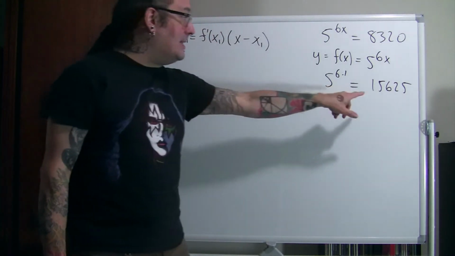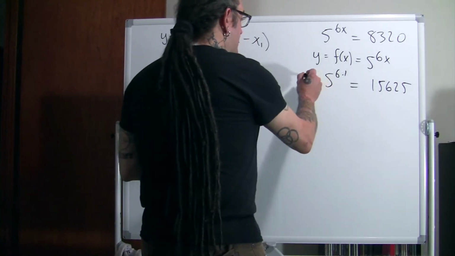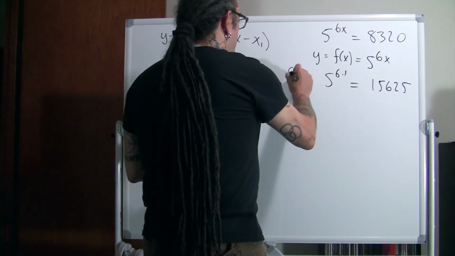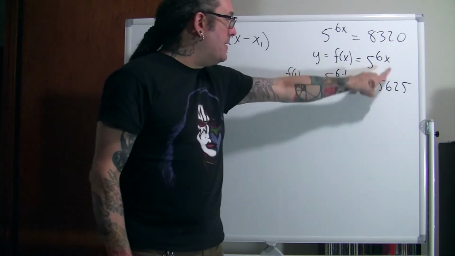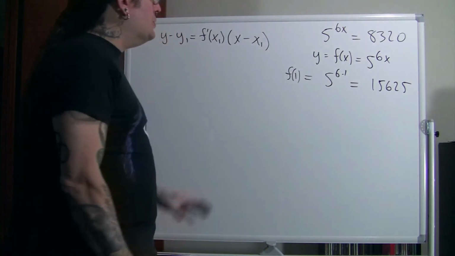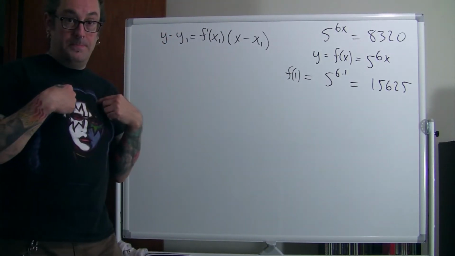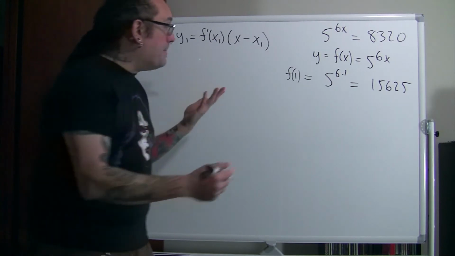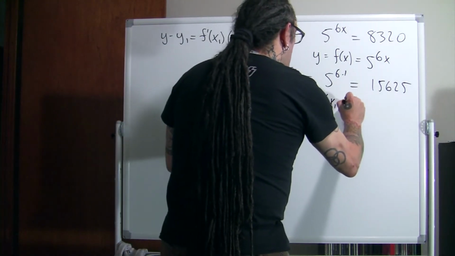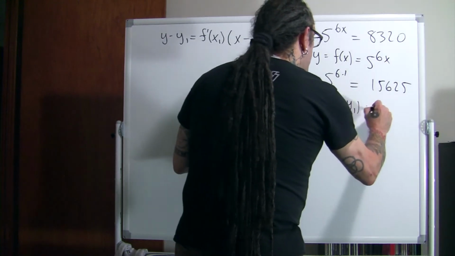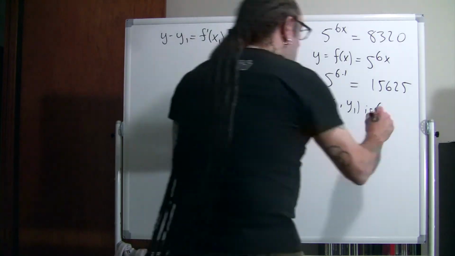So what does this tell us, actually? Here, this really is f of 1, because I put in 1 here and then I got this value. So really, now I've given myself the point x1, y1. This implies that x1, y1 is (1, 15,625).